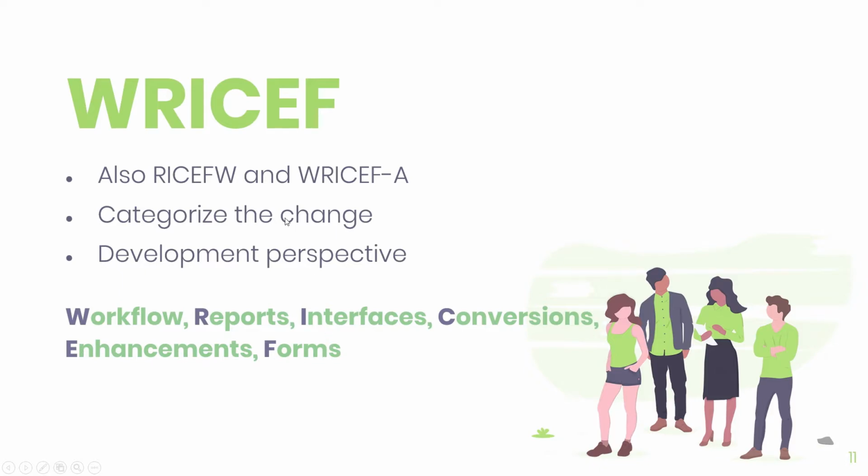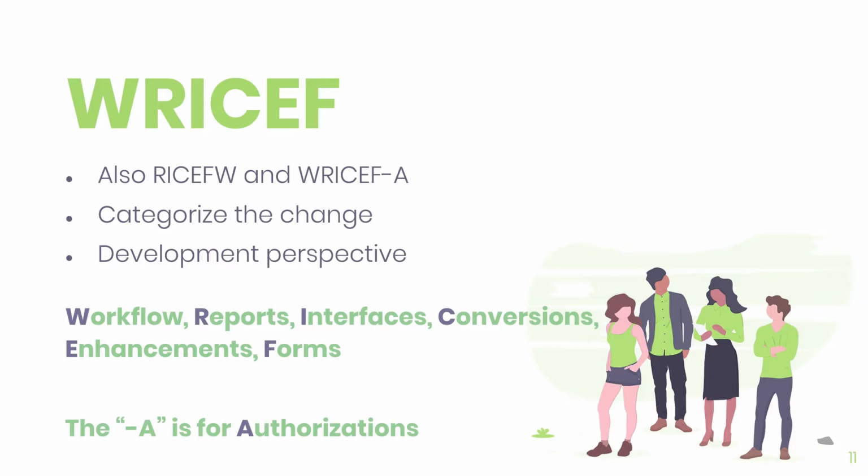Some of you may be asking, okay, what is Wricef-W? It's the same thing. You just put the W at the end of the description. For Wricef-A, again, it's the same description. What we're missing at this point is the A portion, and the A here stands for authorizations.